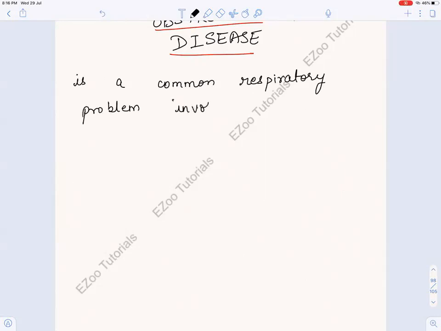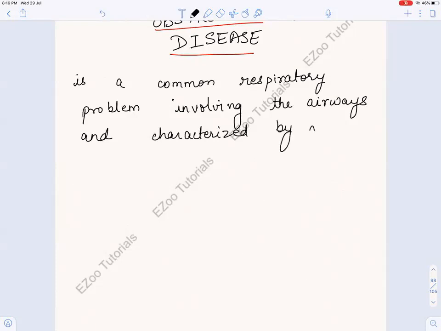What happens in this problem? It involves the airways. Obviously, this is a respiratory problem, so it involves the airways, and it is characterized by airflow limitation.